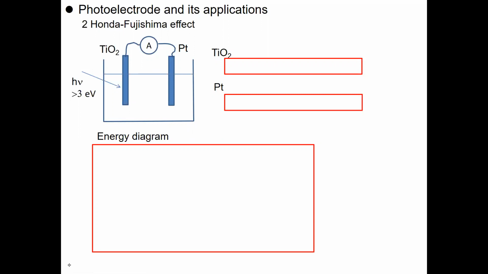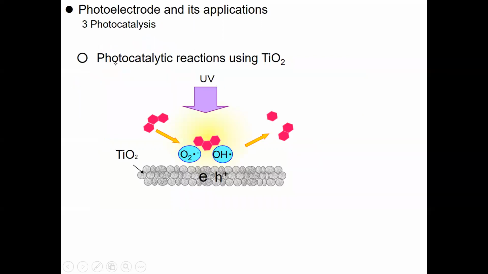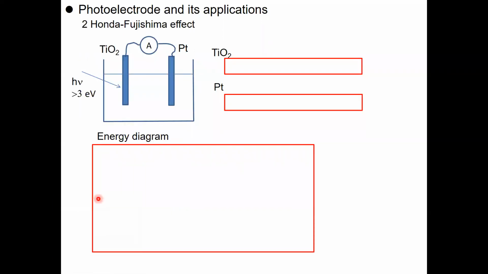This was first observed for the TiO2 semiconductor. UV light was illuminated to the TiO2, and as a counter electrode, platinum was used.